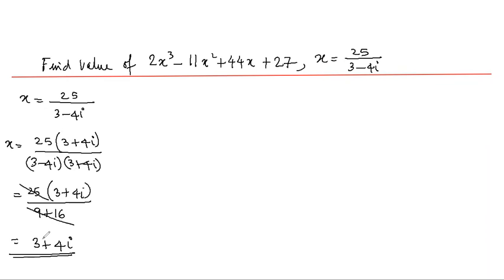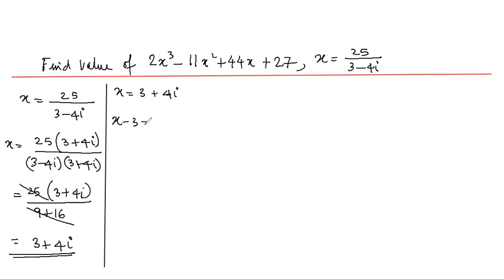Now what I'm going to do is find another polynomial whose value will give me 0. I start with x equal to 3 plus 4i. Bring all the real terms to one side.